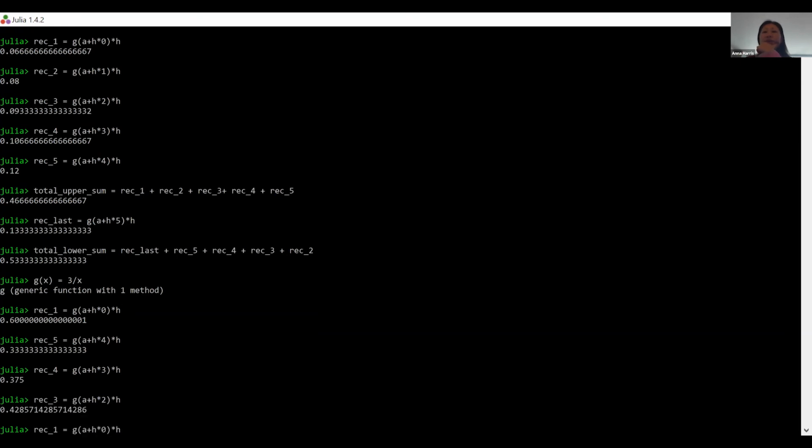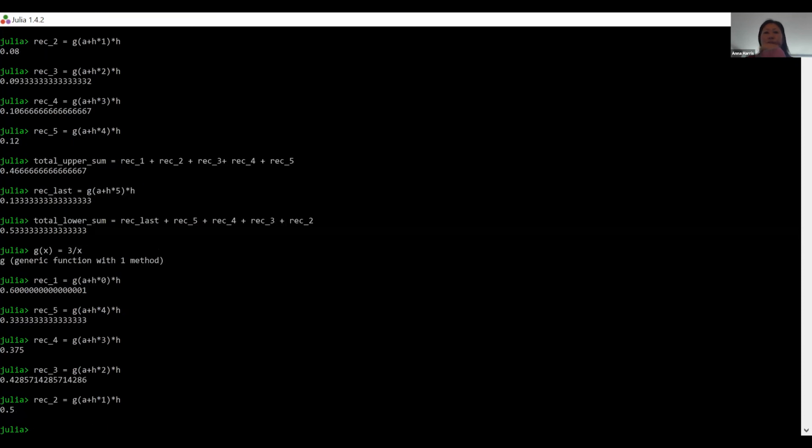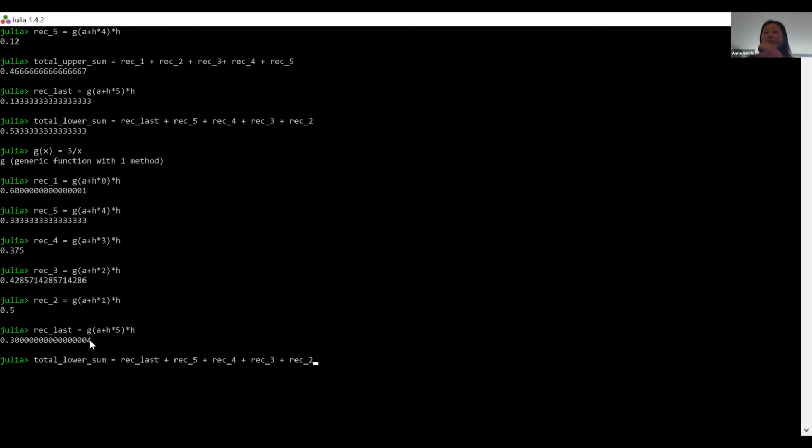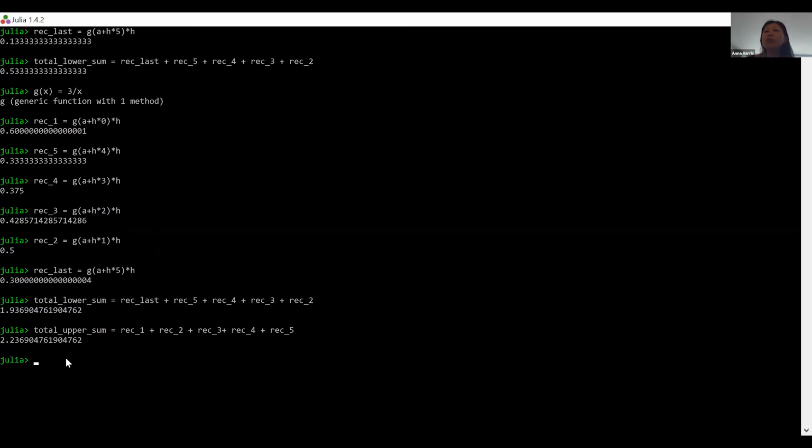I need to do 2 again. So I did 1, 2, 3, 4, 5. I need to do the last one. All right, so I'm gonna find the upper sum. Okay, lower sum is that. Upper sum is that. Yeah, now it makes sense. So upper sum is 2.23 and lower sum is 1.93.